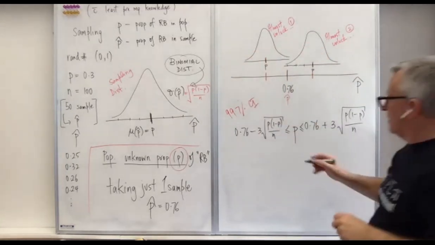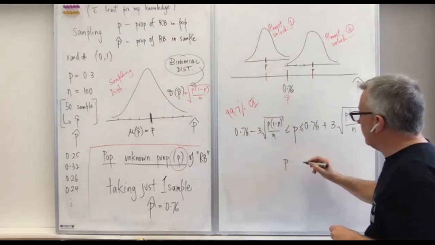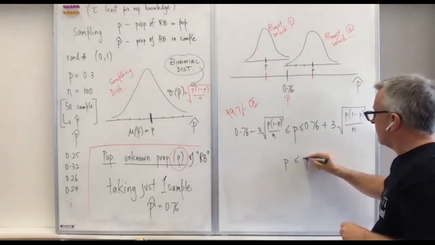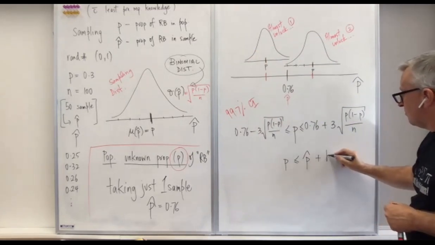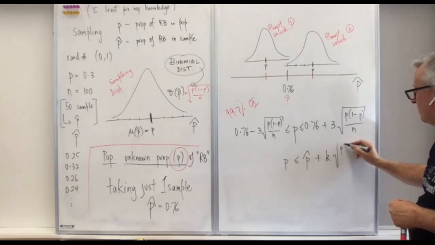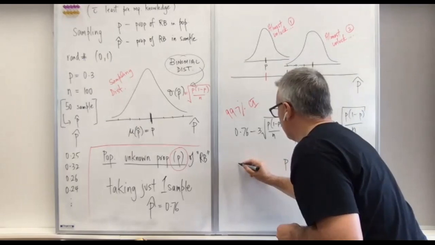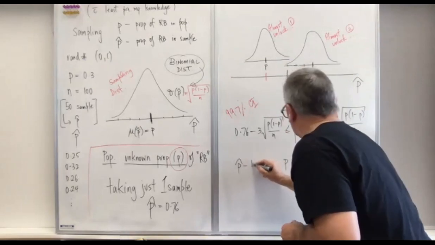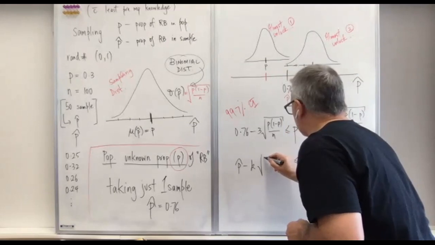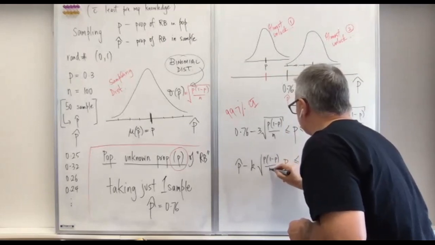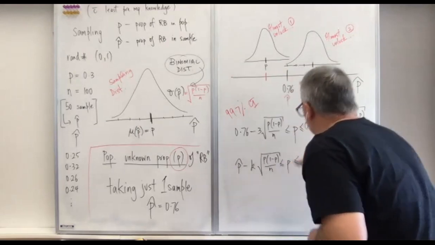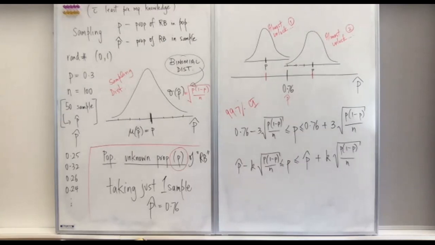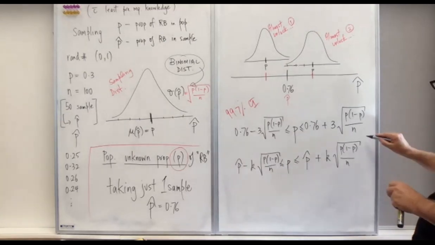So we can do something like this, where P will lie between the sample proportion you got plus some number of these guys, and the sample proportion minus some number of these guys. And this would be our confidence interval.